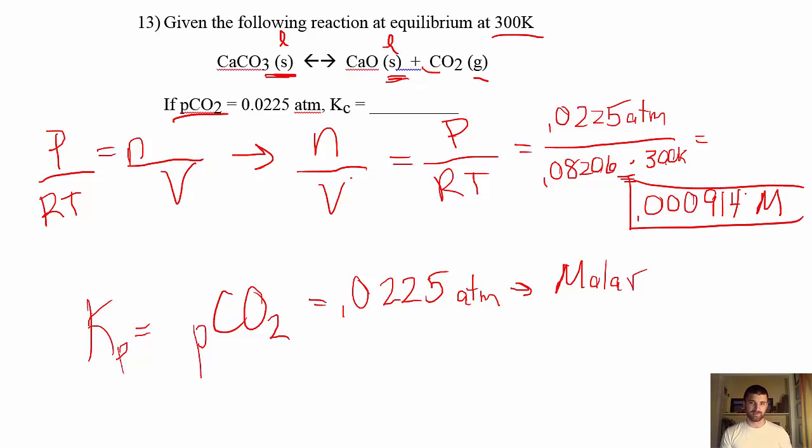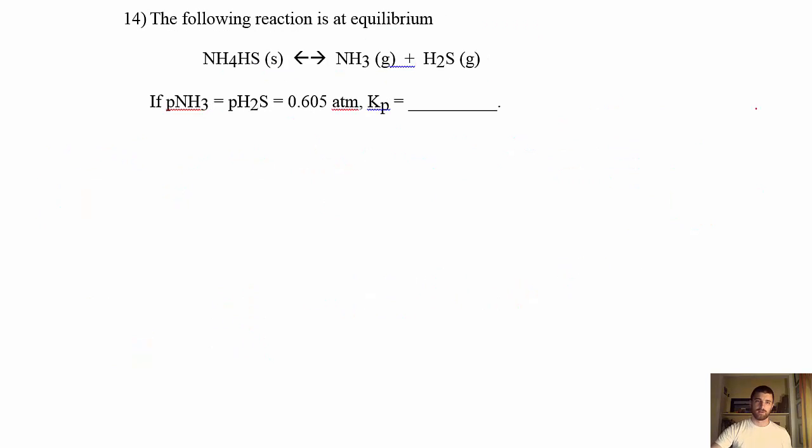Again, this problem could have been saved for later in the chapter, but hey, I didn't save it. Same thing with 14. The following reaction is at equilibrium, and PNH3 equals PH2S. So they're saying these two things have equal pressures. What is the Kp? Like I said before, look, it's a solid, so I know that's going to drop out of my expression.